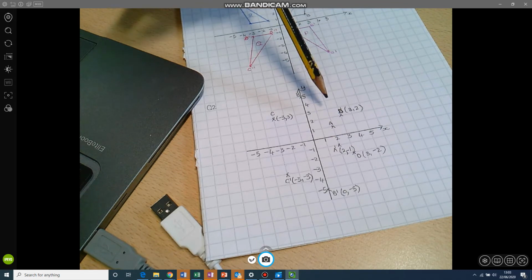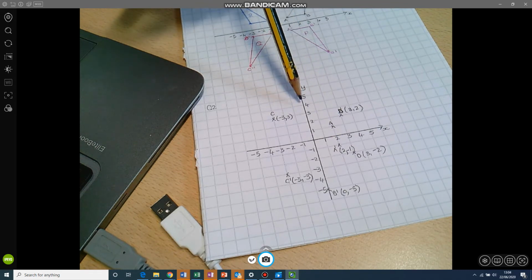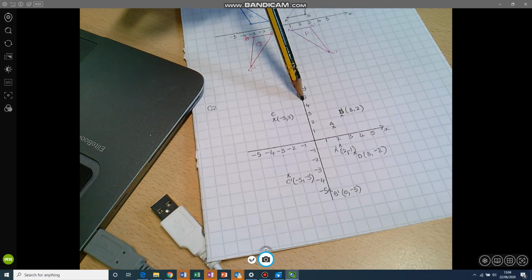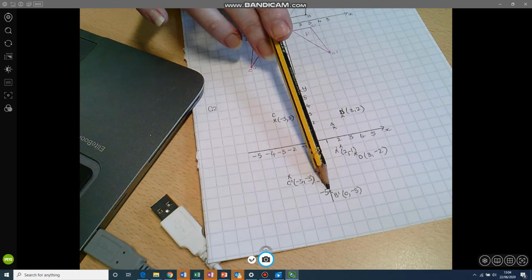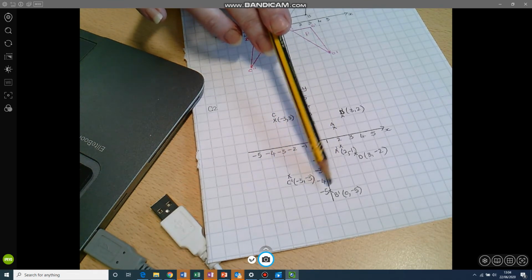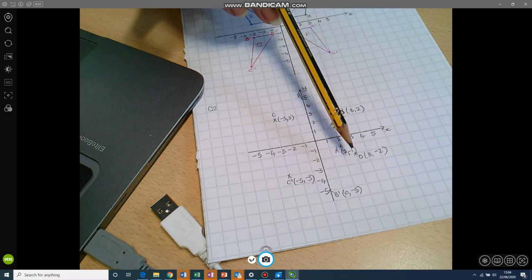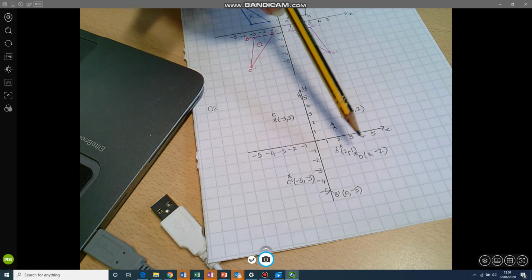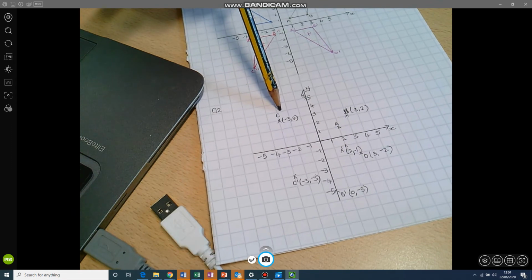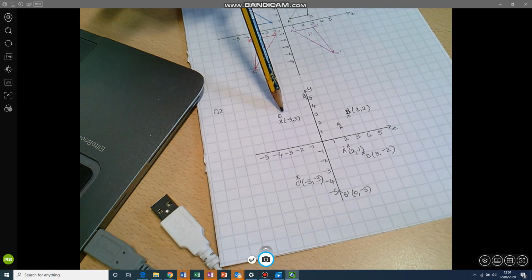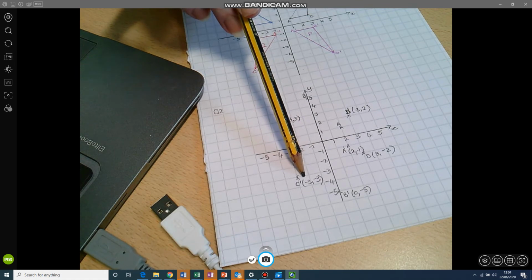Point B was (0, 5), and then reflection in the x-axis means it's now (0, -5). Point C was, just double check, (-3, 3). So that was this point here. Reflection in the x-axis brings it to (-3, -3).